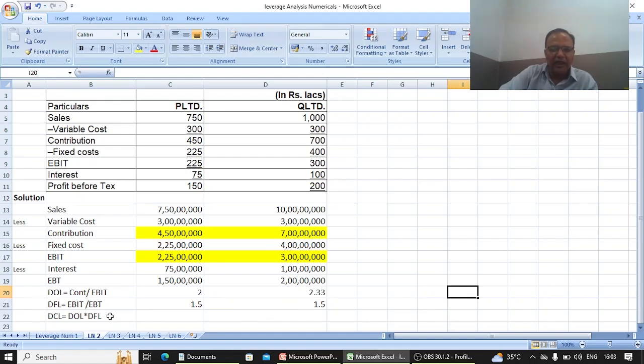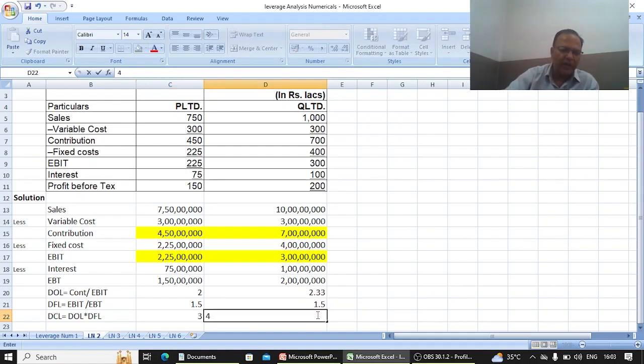As it is very much clear that degree of combined leverage is equal to degree of operating leverage into degree of financial leverage. So we have to multiply 2 into 1.5, it will be 3, and here 2.33 into 1.5, it will be 4.